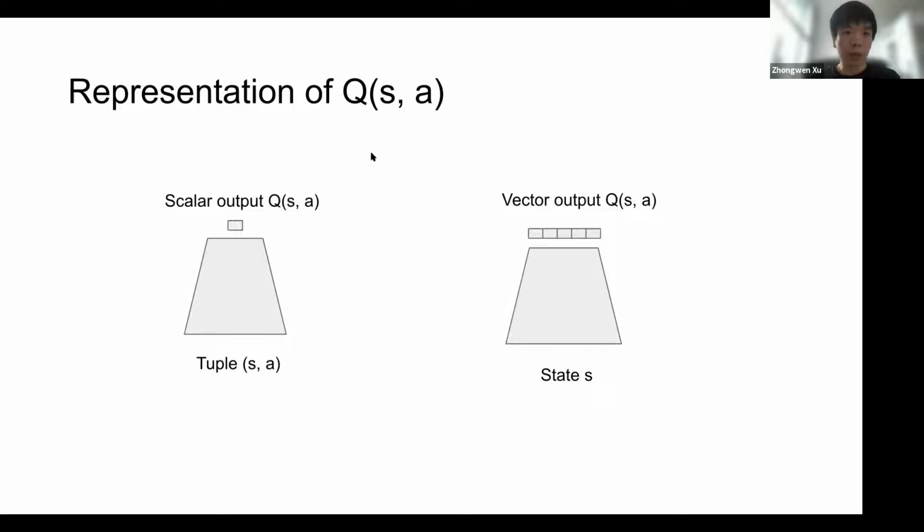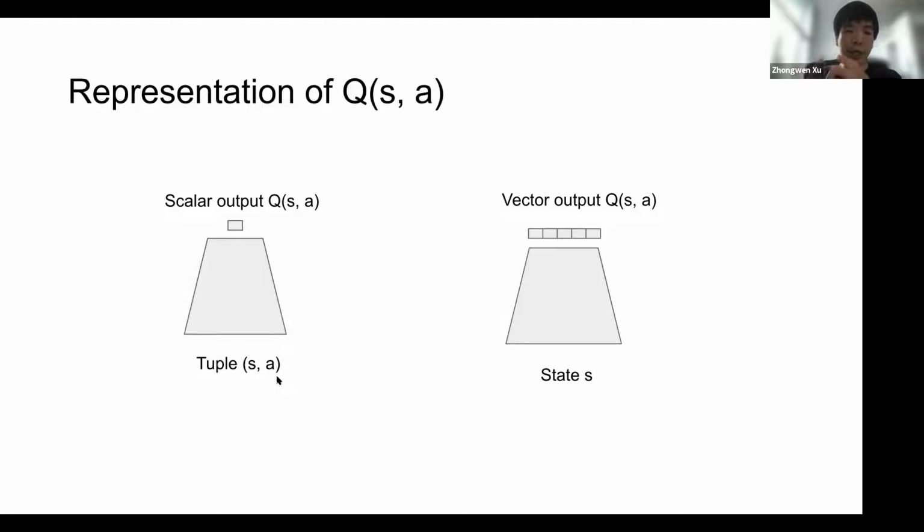So let's see how we can use a neural network to represent the Q values. There are two ways to do that, and DQN uses the second way, and let's see why. On the left, one possible way to parameterize the Q values of S and A is that the input takes a tuple of state and action.